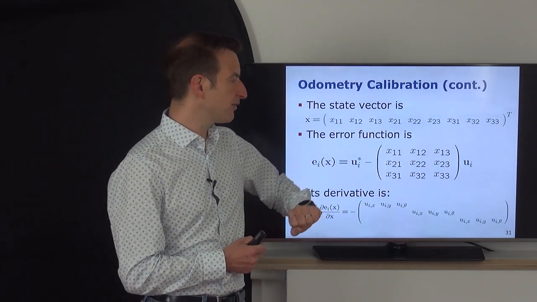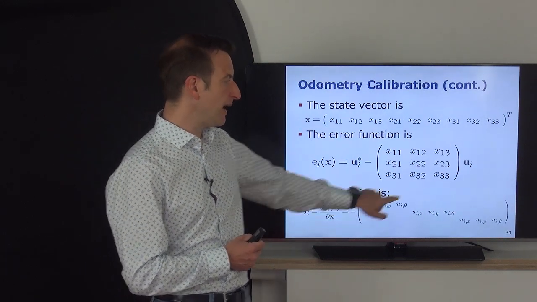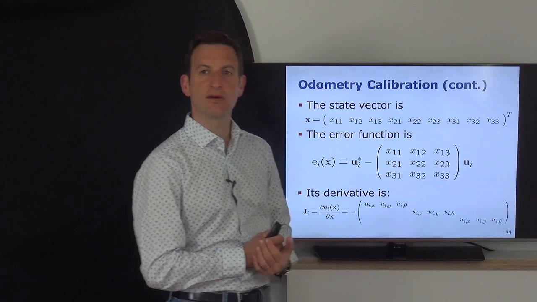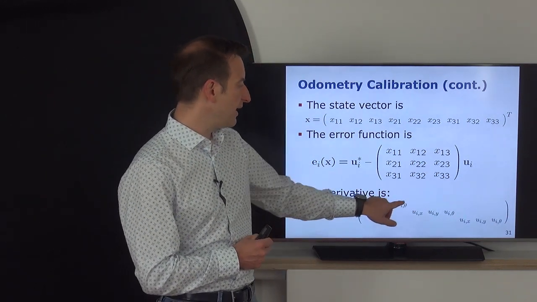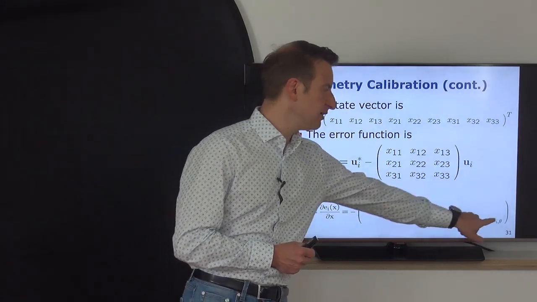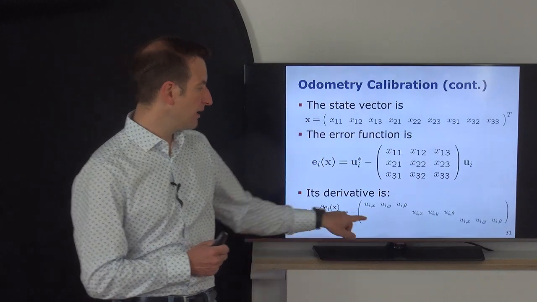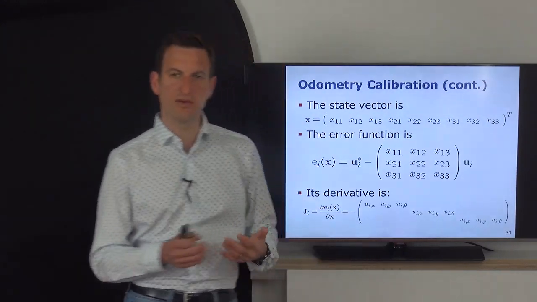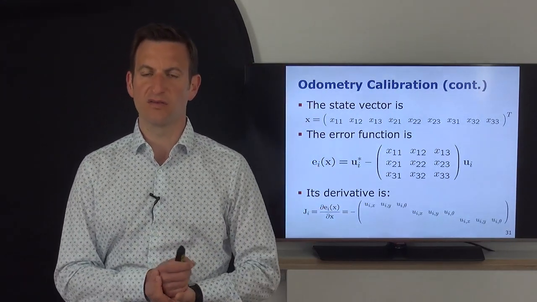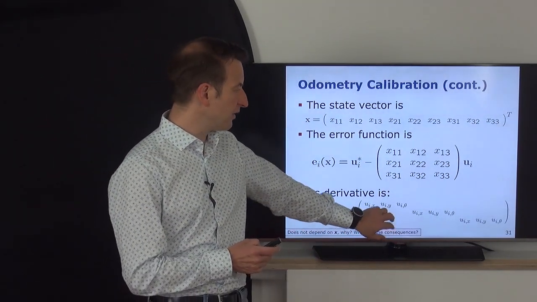So the only term that will remain is ui x, the first component of this vector. And this is the same for y, theta, and so on. So I will have non-zero elements, which are basically the elements of this vector, and all the other elements will be 0, because there's no dependency on this variable.